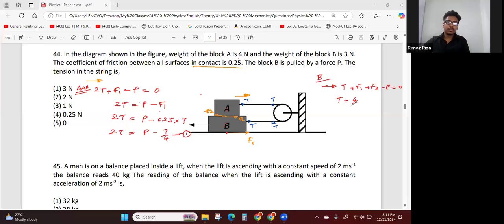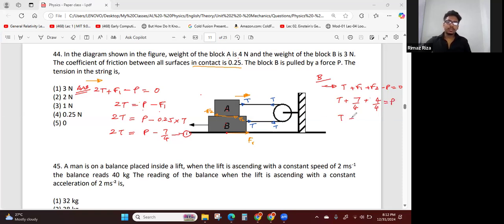So 7 over 4, plus here, 3/4, since the mass is 3, with nu 0.25 times the weight. Sorry, it is 4 Newton. The weight of A is 4 Newton, so 4/4 is equal to P.